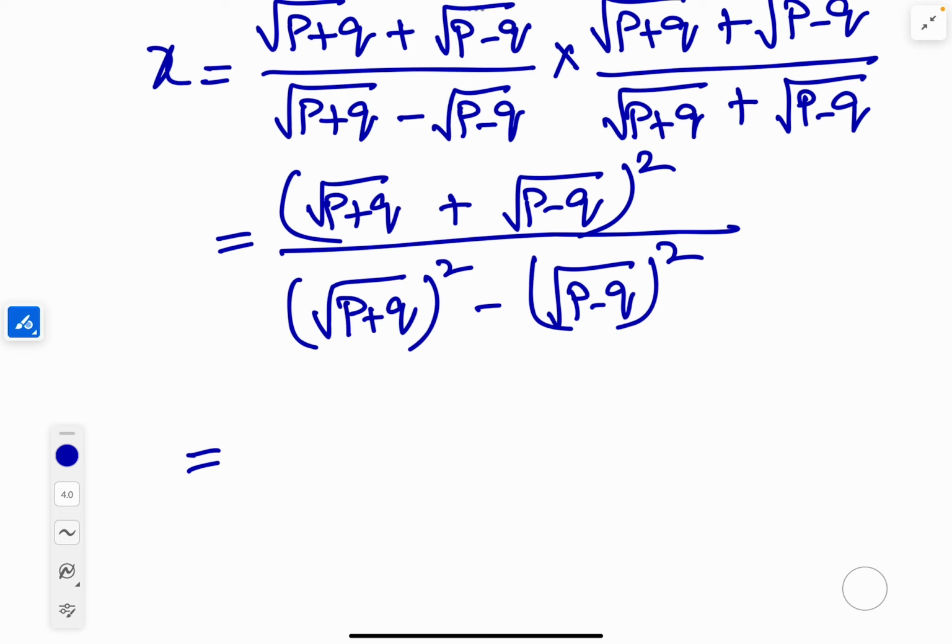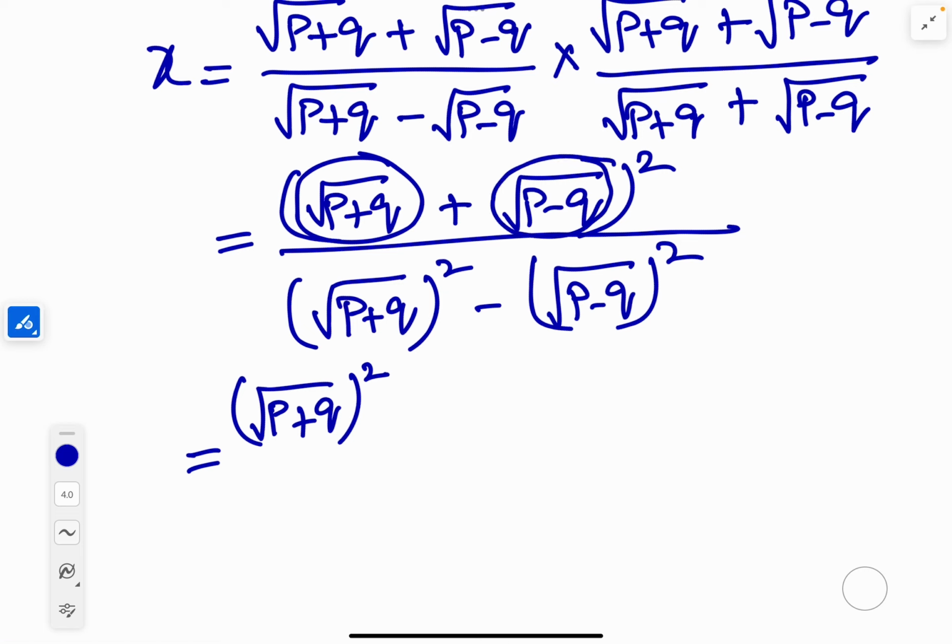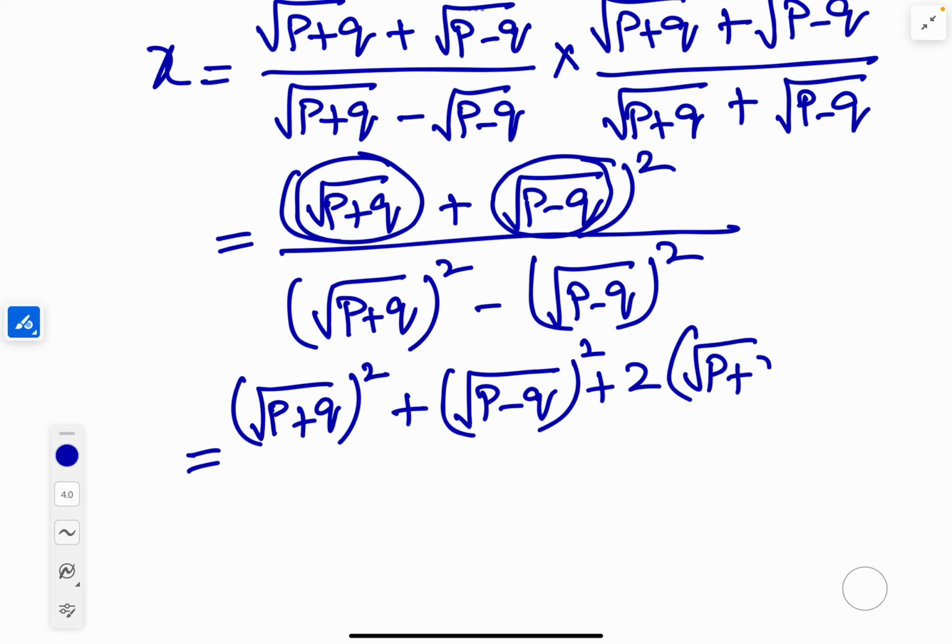It is a plus b whole square form. So we know that a plus b whole square is a square plus 2ab plus b square. Here our a is square root of p plus q and b is square root of p minus q. So (root of p plus q) whole square plus (square root of p minus q) whole square plus 2ab, 2 into square root of p plus q into square root of p minus q, okay.